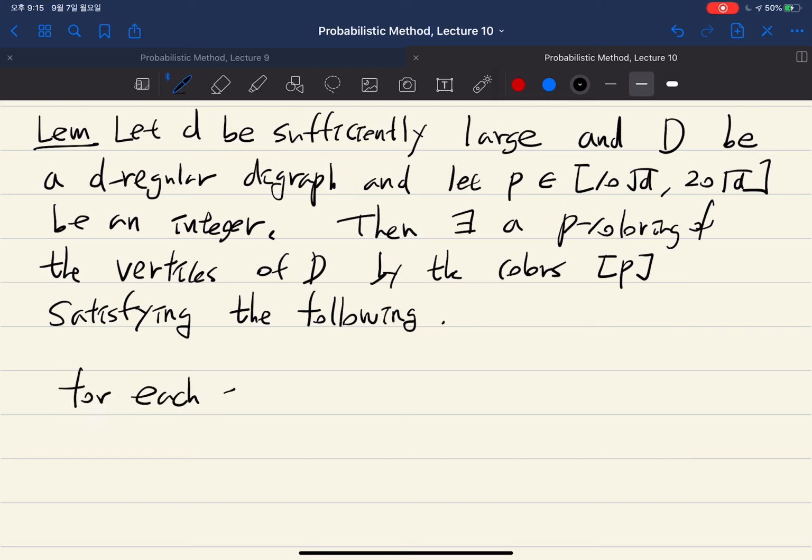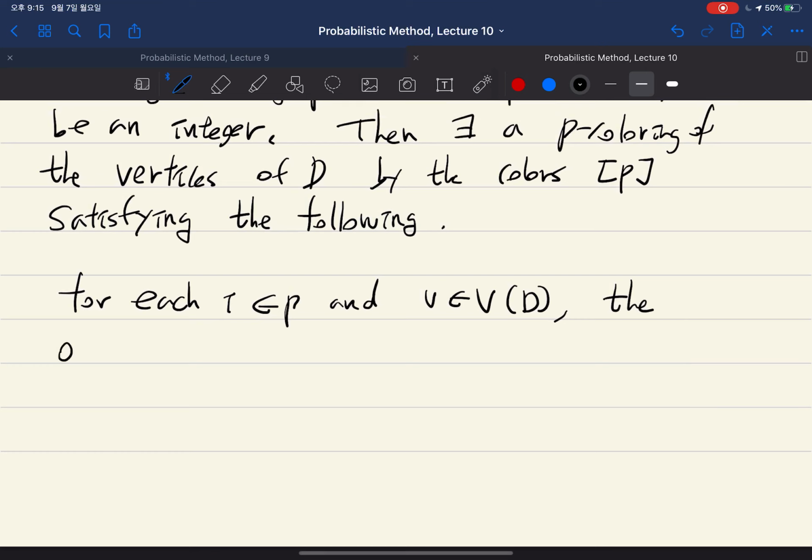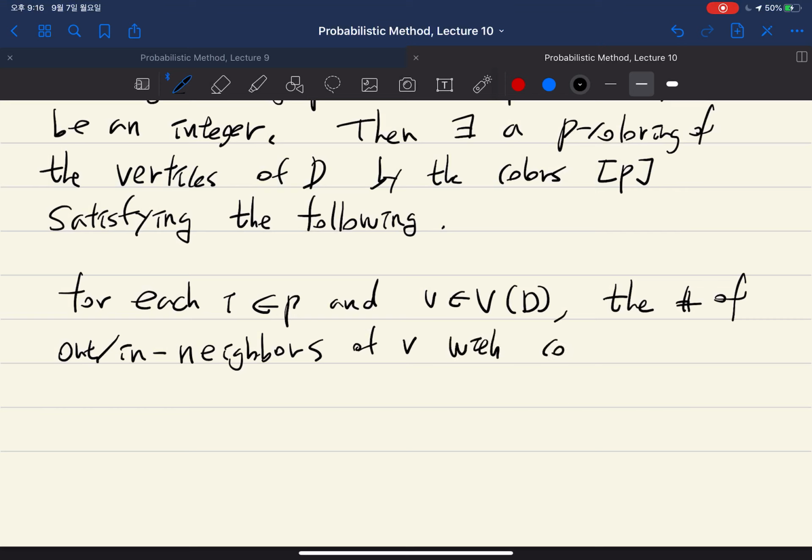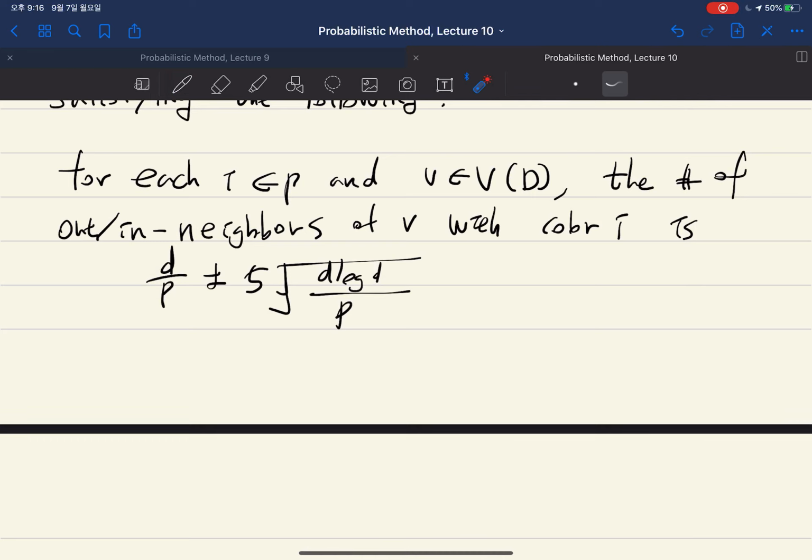For each I and vertex V, the number of out-neighbors or in-neighbors of V with color I is D over P plus or minus, say, 5 times square root of D log D over P.